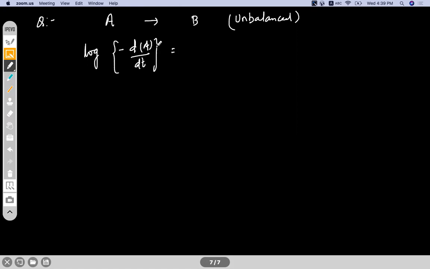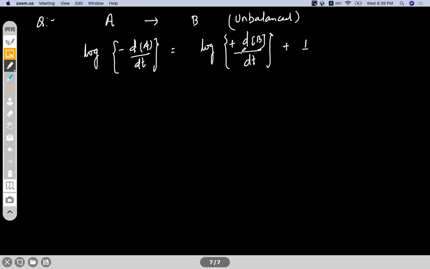This question you see, A gives B and it is an unbalanced reaction. We don't know what the balanced reaction is. The reaction is unbalanced here. And the relation given is log of minus d concentration of A by dt is equal to log of plus d concentration of B by dt plus 1.